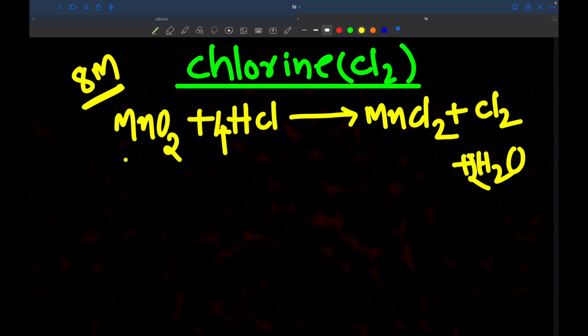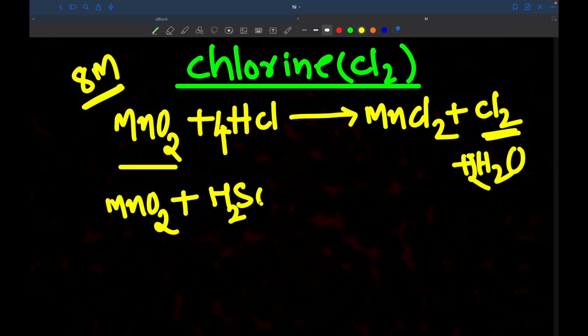Manganese dioxide, which is a black colored powder, when you mix it with HCl, produces chlorine gas. So this is the first preparation. The second preparation is manganese dioxide treated with sulfuric acid and sodium chloride.